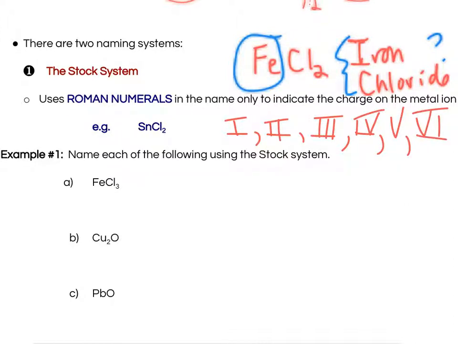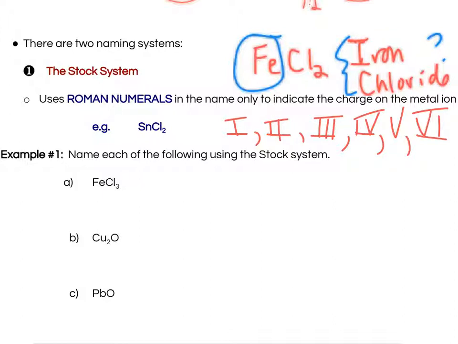So again, I'm going to name these using the stock system, and to speed things up, I already know what the charge is on iron, but we would go through the same process as I just described to identify the charges. So if you need to pause the video to try that out yourself, feel free to go ahead and do that.